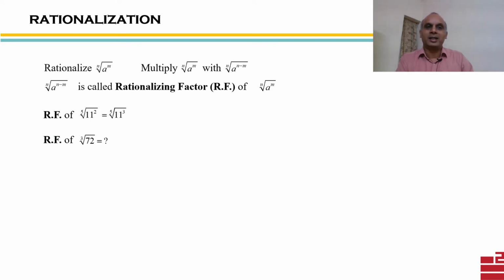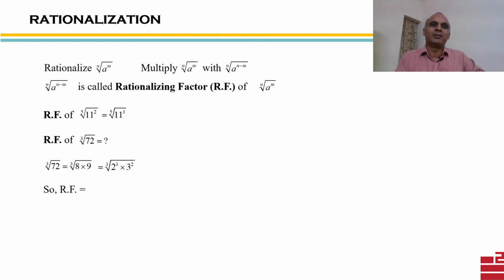Similarly, what is RF of cube root of 72? Now students will be inclined to say the answer is cube root of 72 square. Actually, this is not the case. We need to factorize 72 first. And this becomes cube root of 8 into 9. Further break it, you will get this. And we see that cube root of 2 cube is already a rational number, that is 2.